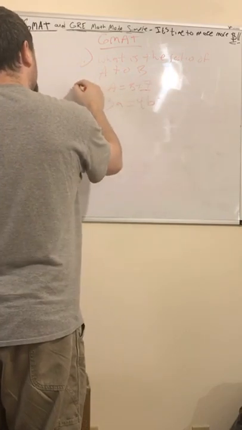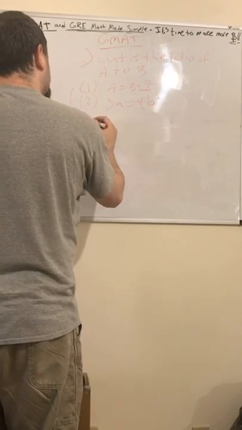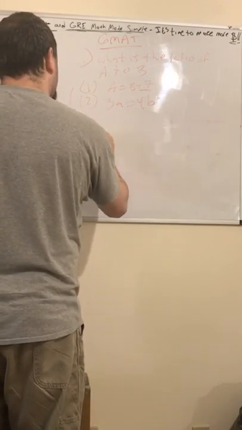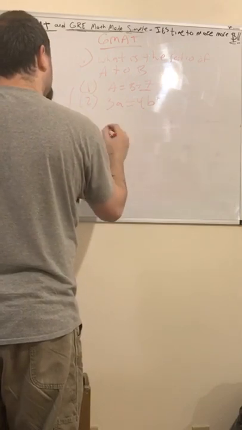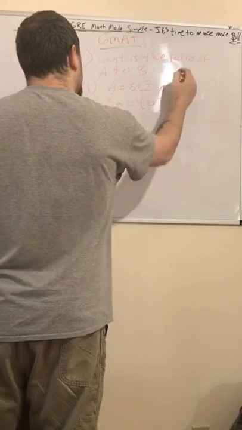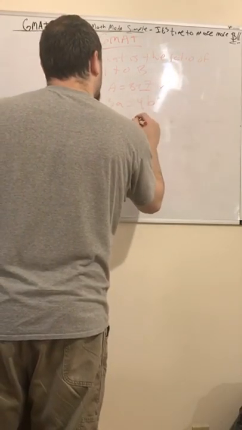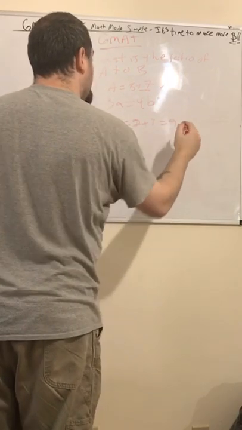Because if I bring this down and I say A equals 9, and B equals 2, that would work, right? Boom. 2 plus 7 equals 9. That works.